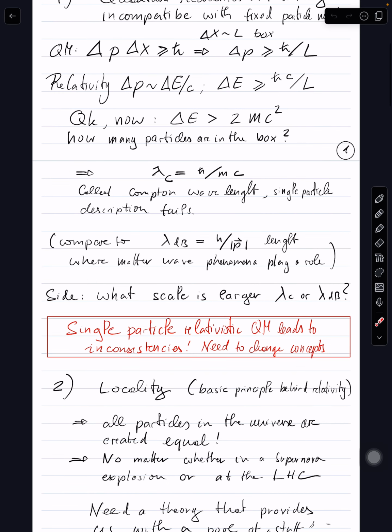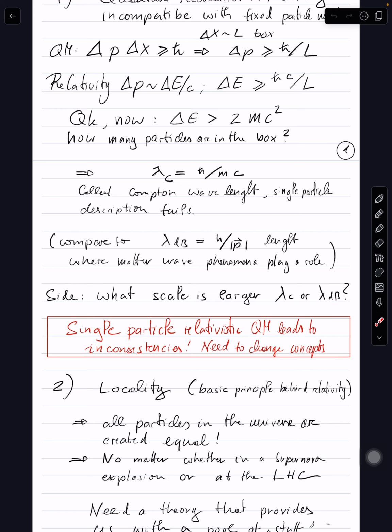If you remember quantum mechanics, there is also a scale that is relevant for quantum mechanics, namely the de Broglie wavelength, h bar divided by the momentum of the particle. And naturally, this scale is larger because the momentum is always smaller than the rest energy of the particle.